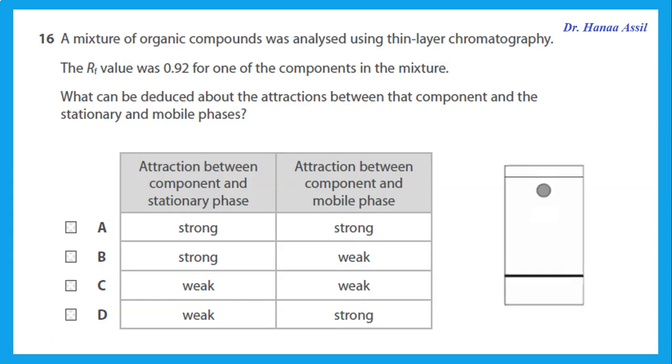You should know that when it goes up a lot, that means the attraction to the stationary phase, the layer of silica, is very weak, while the attraction to the mobile phase, the solvent that is going up, is strong, so it goes up with the solvent and we have a high Rf value.